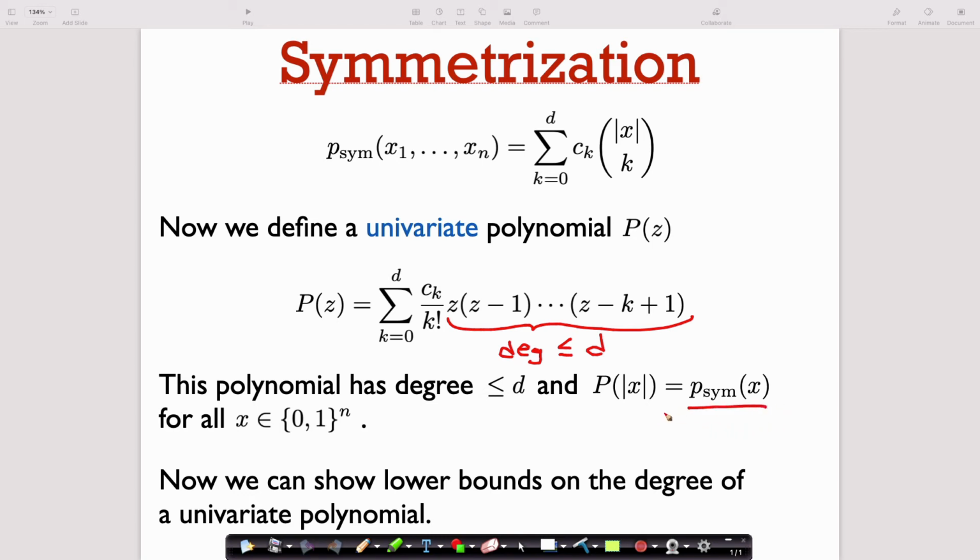Okay, and this is a very, very powerful trick, right? Because now it suffices for us to just show lower bounds on the degree of a univariate polynomial. And univariate polynomials are much more familiar to us, and they're much easier to reason about.